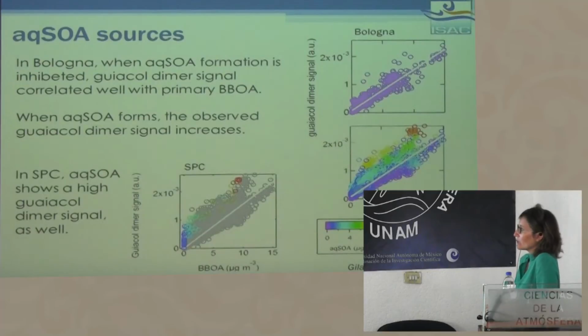The same is observed also here in San Pietro Capofiume, after fog dissipation, these are the points. And again, we see that when aqueous secondary organic aerosol formed, we have guaiacol dimer higher than expected solely from primary sources. So there is a link between the aqueous SOA formation and biomass burning.